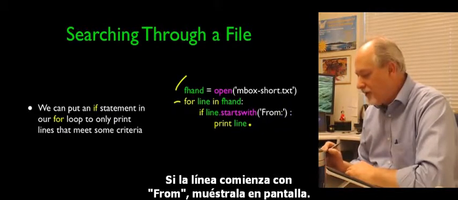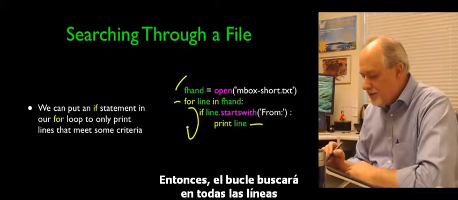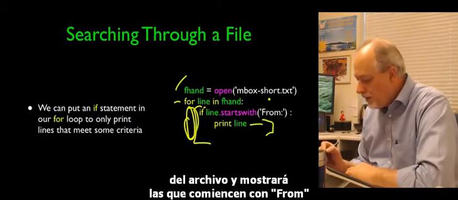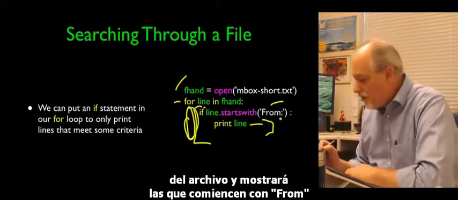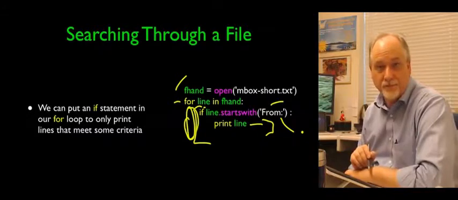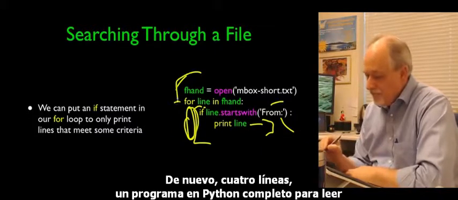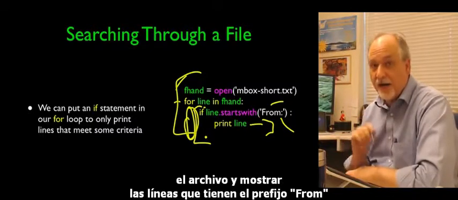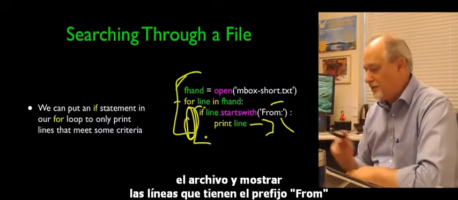If line starts with From, print it out. So this means it's going to loop through all of the lines of the file, and it's going to print the ones that start with the string From:. Again, 4 lines, a complete Python program to read this file and print the lines that have a prefix of From.